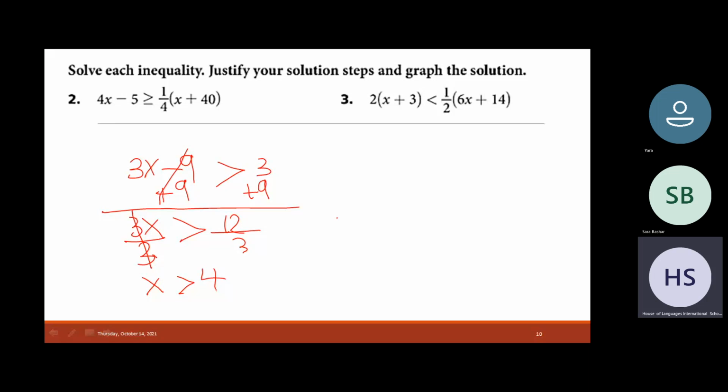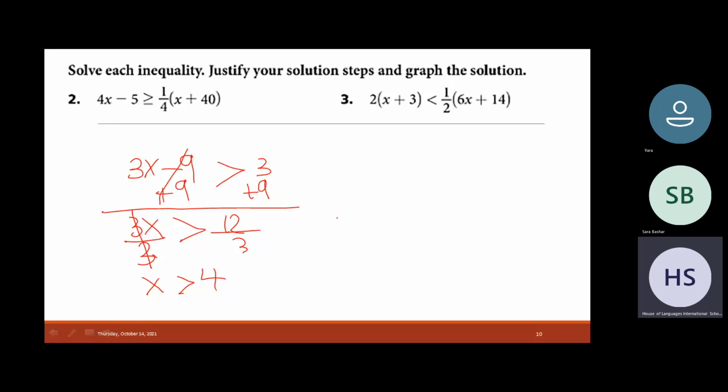And what is x? X is a variable. Now what do I mean by it? I said x is greater than 4. What does it mean? That means all the numbers that are greater than 4 will be the solution of the inequality.